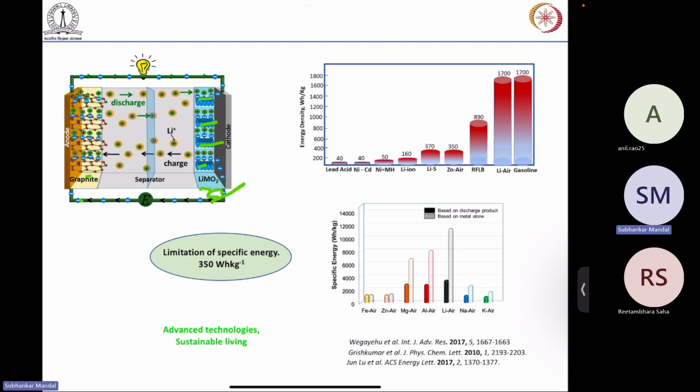One layer, after that another layer, and in between two layers you have pores, or vacant positions, so that lithium ions can intercalate. Intercalation means the ion goes into the vacant place, and deintercalation means it comes out again from that place.